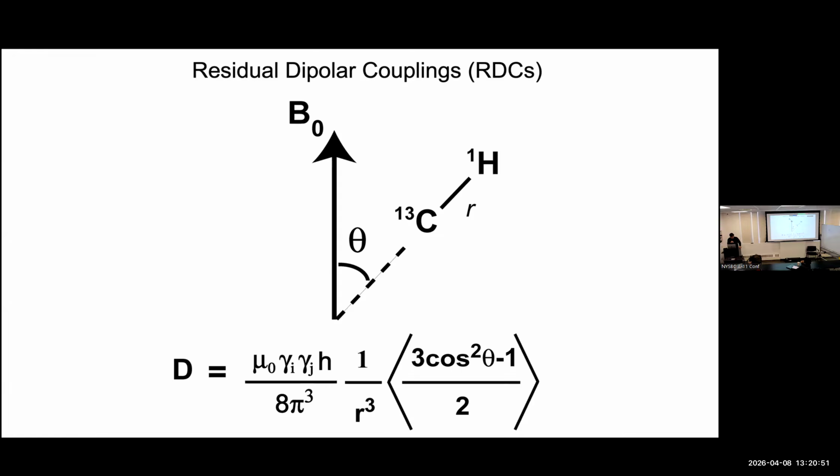But 3 cosine squared theta minus 1 over 2, what do you expect the integral of that to be? Positive, right? Well, but the dipolar interaction is not observable in solution NMR. Well, guess why? Because the sine theta gives some help to the negative value being only minus 1/2. So even though the most negative value is only minus 1/2, the sine theta distribution amplifies the 90 degree angle because it's the most probable.